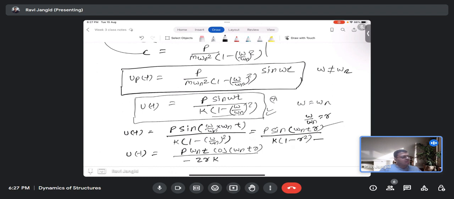If I put r equal to 1, my final result becomes p omega n t cos omega n t divided by 2k. So this is my solution. Did you get it?